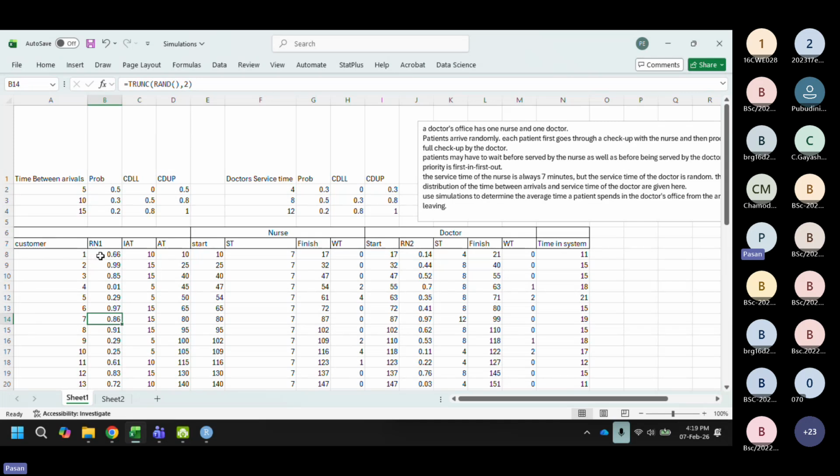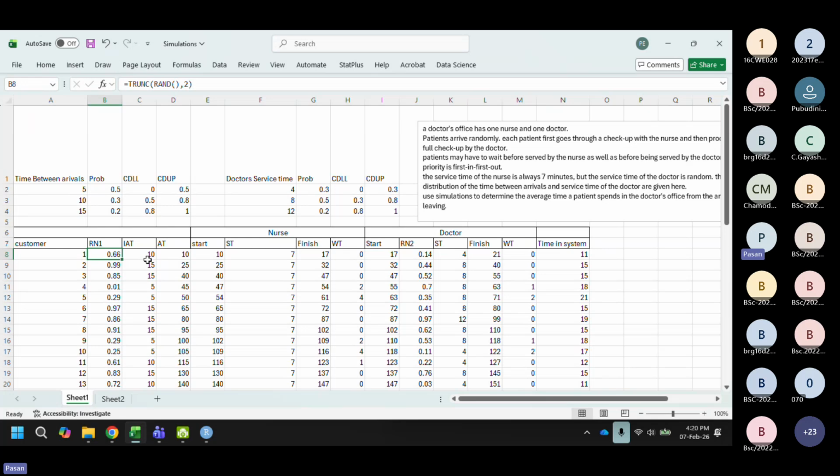Now I'm generating these random numbers, and as they are between 0 and 1, I can compare them with these probabilities here. So if I have this 0.66, that falls under this category, 0.5 to 0.8.